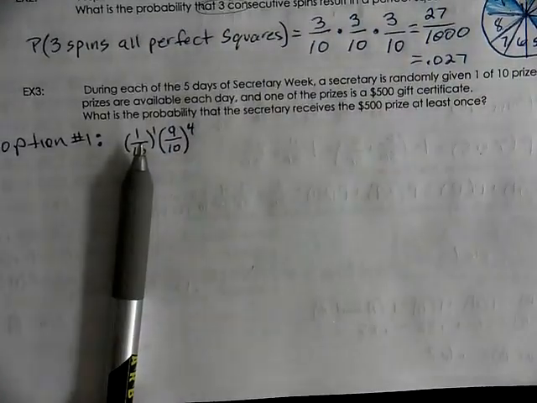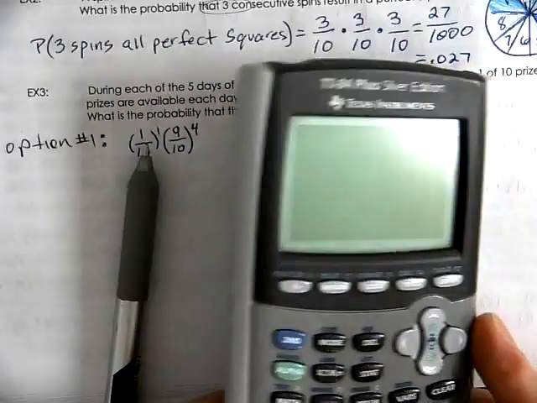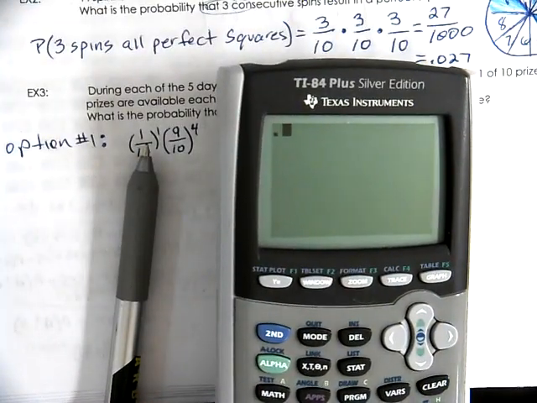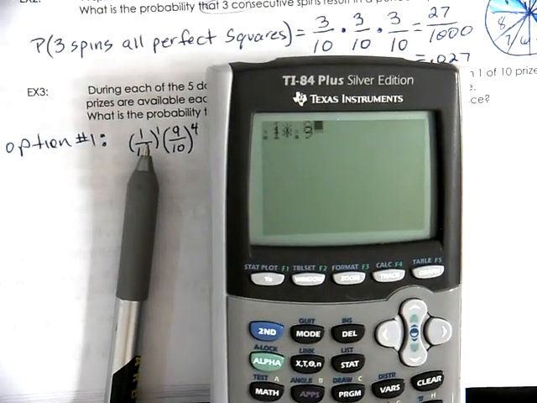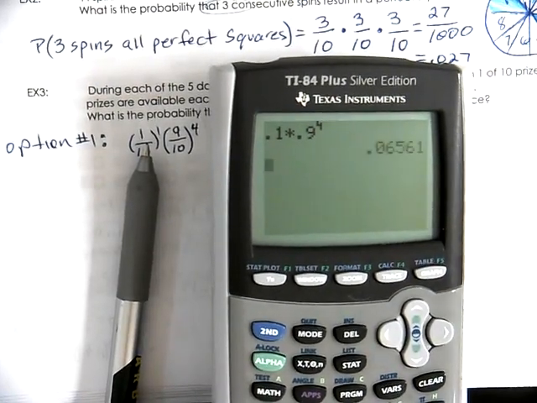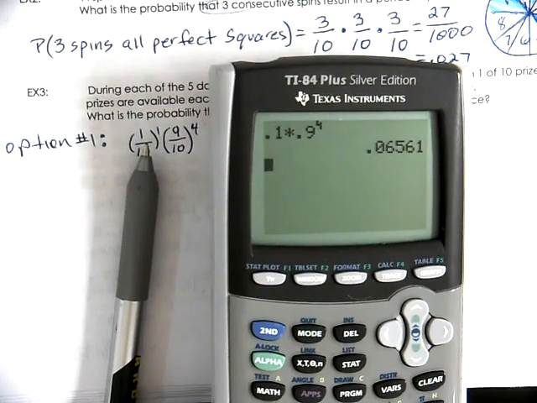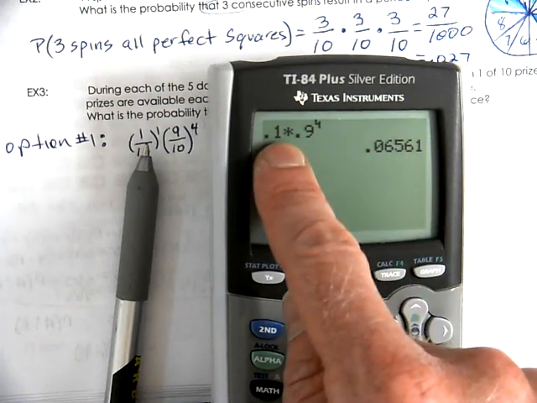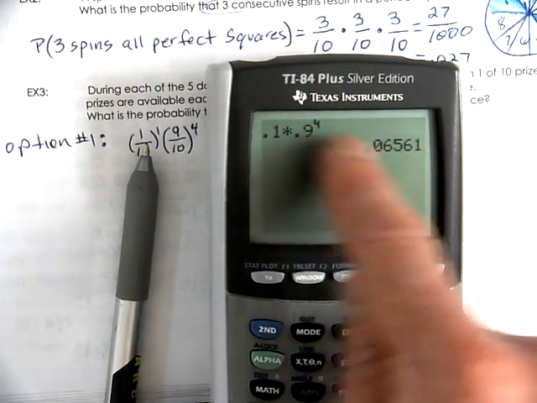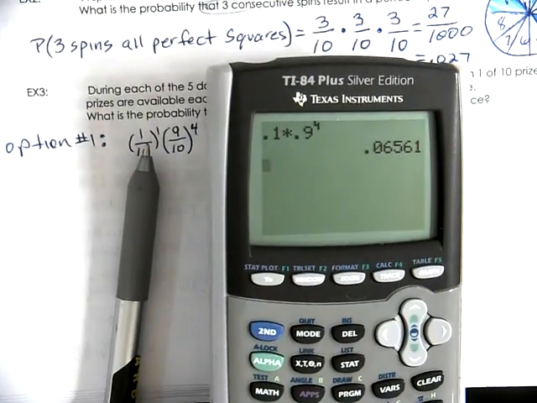This probability, if you take a look at it, is really 0.1 to the first power times 0.9 to the fourth power. That is a 0.065. That's the probability that you're going to win the grand prize anytime once during the week.